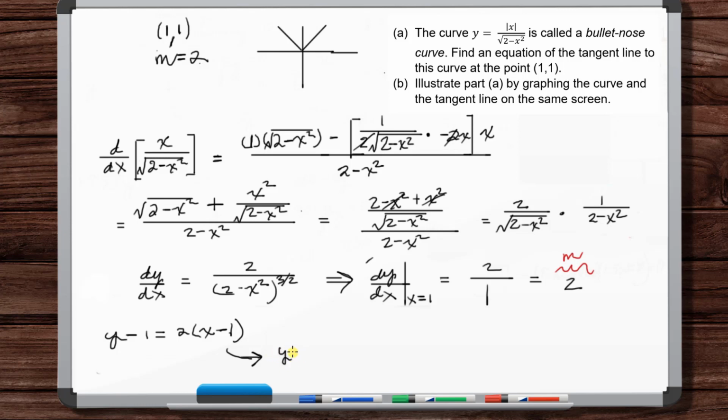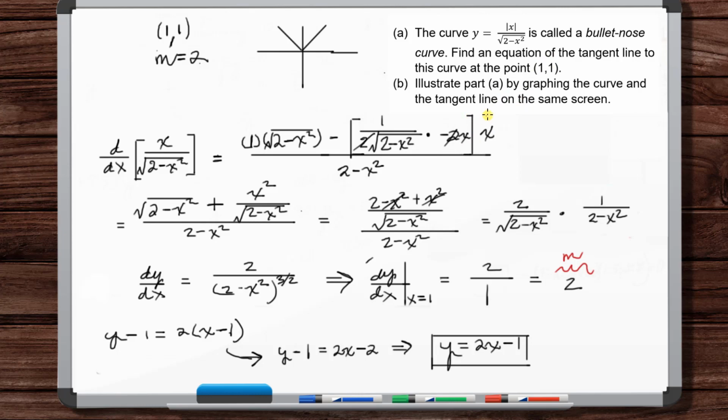So y minus 1 equals 2x minus 2. y equals 2x, add 1 to both sides, minus 2 plus 1, minus 1. That is the equation of the tangent line to this curve at x equals 1, or at the point (1, 1). So that's part A.